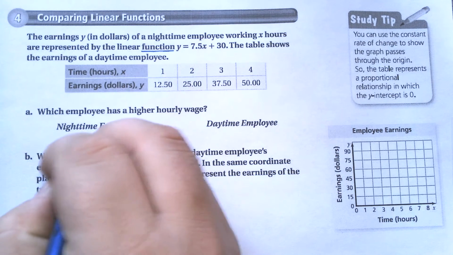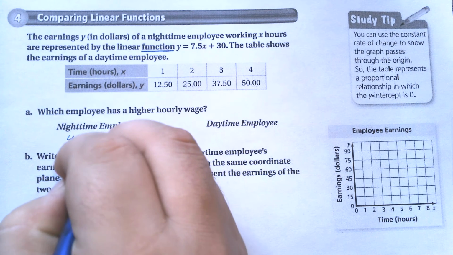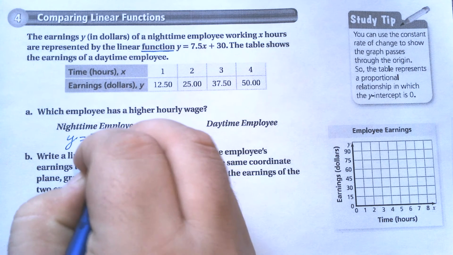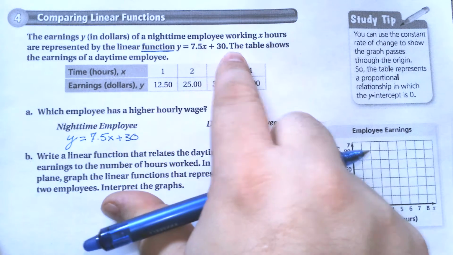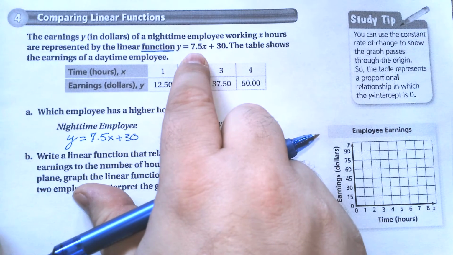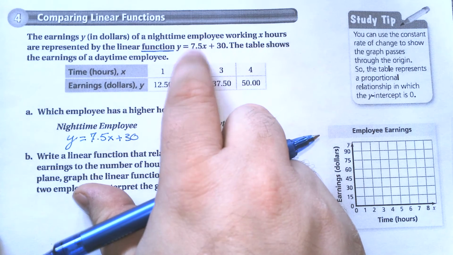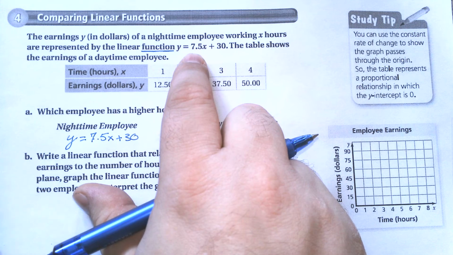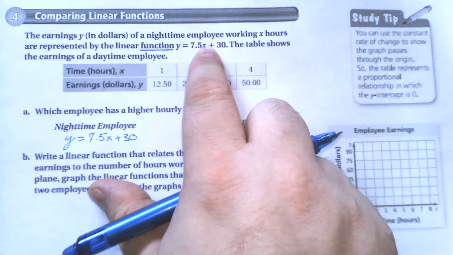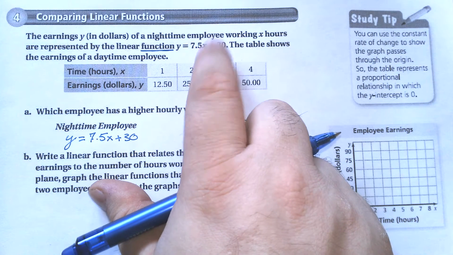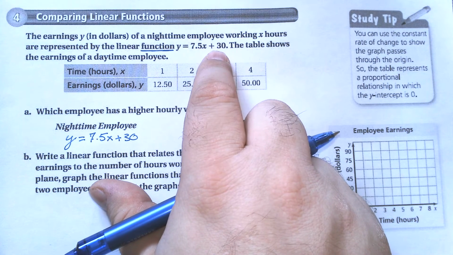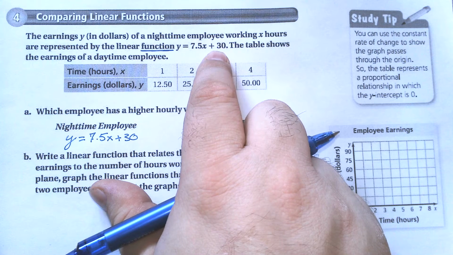So y equals 7.5x plus 30. If you want to know how to read this equation, what it means is you're making $7.50 per hour. That's our rate. It's also our slope. Keep that in mind. But you're getting a bonus of $30 for working that night shift each time.